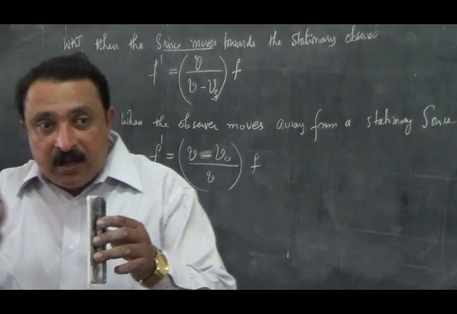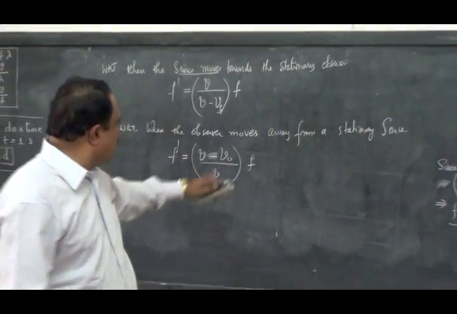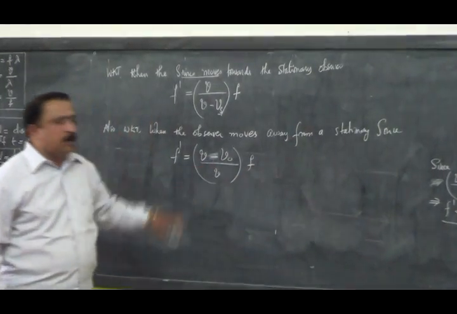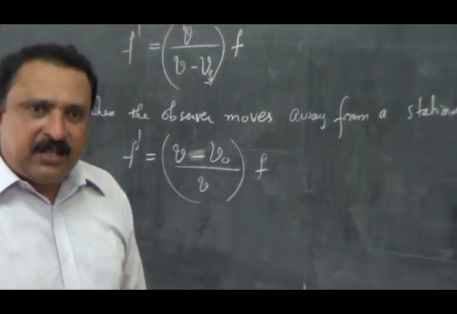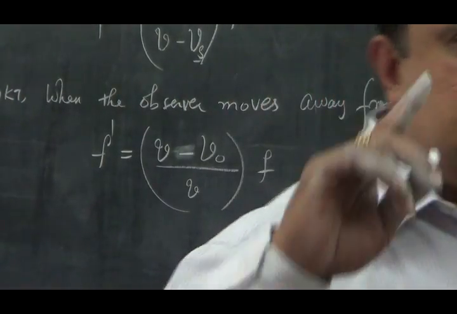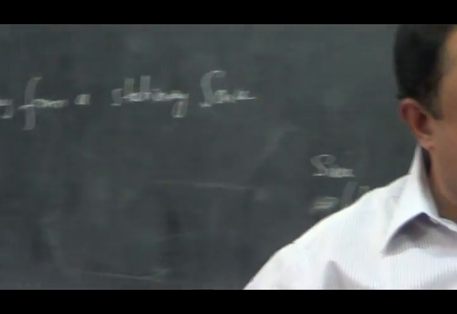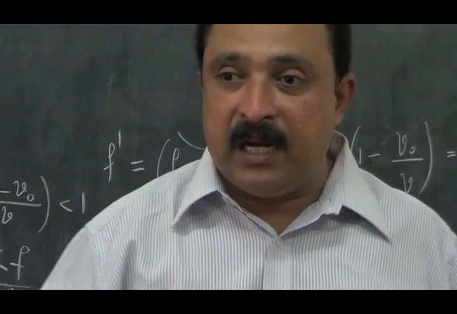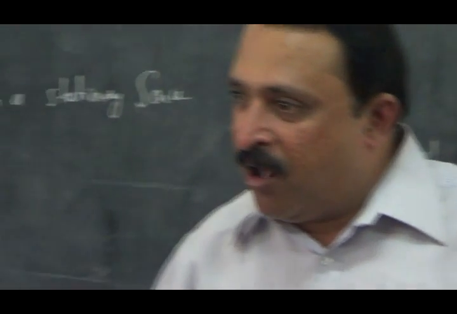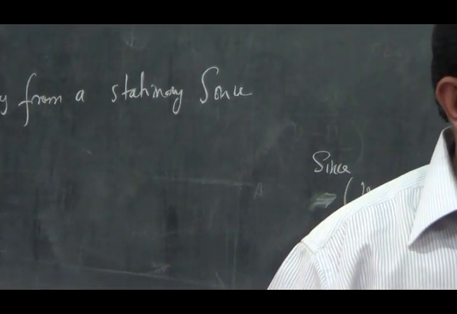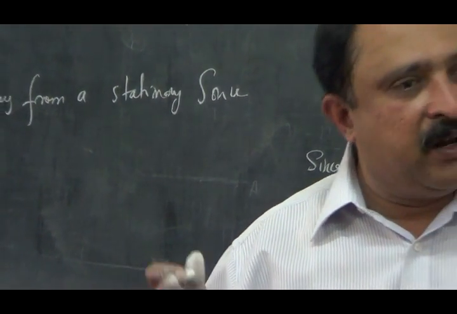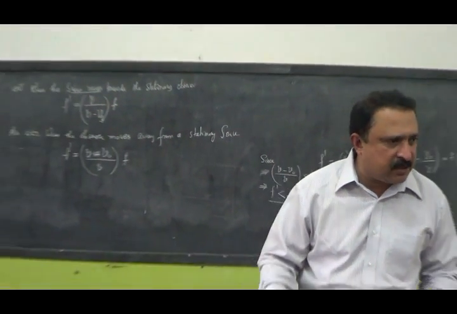The observer would be moving towards the source, but here he is moving away from the source. So it is minus. Remember, in all away situation formulas, the velocity of the source or the velocity of the observer will be minus. In all towards situations, Vo and Vs will be plus. It's very easy to remember.